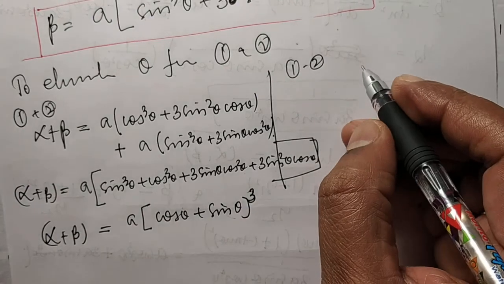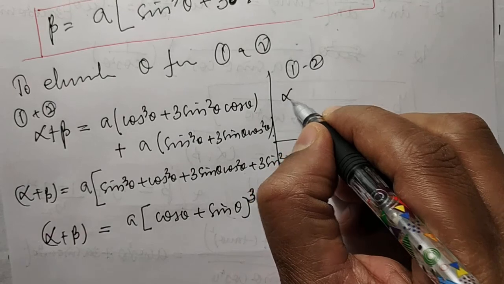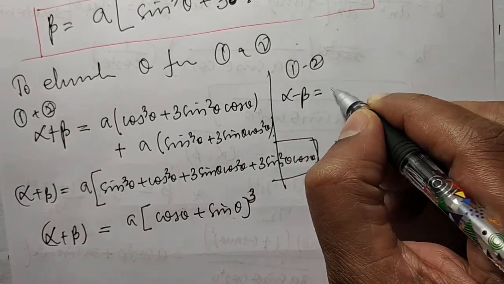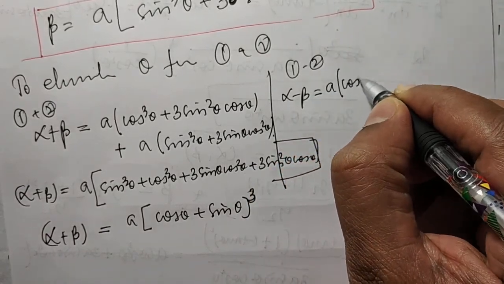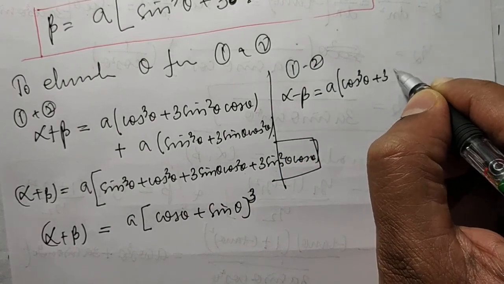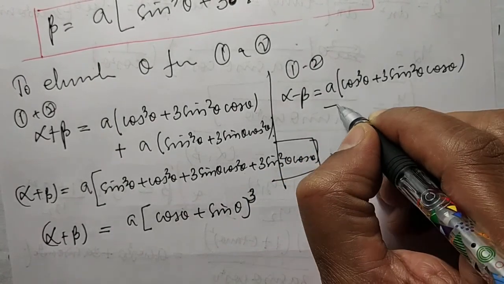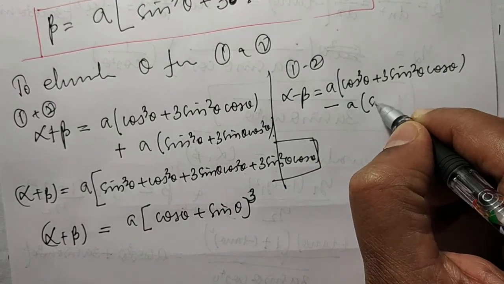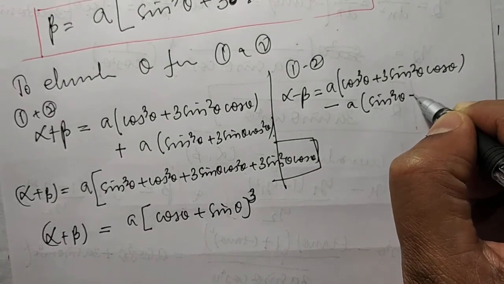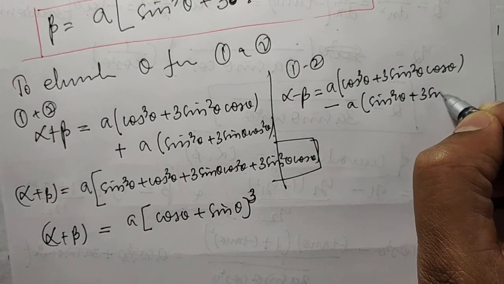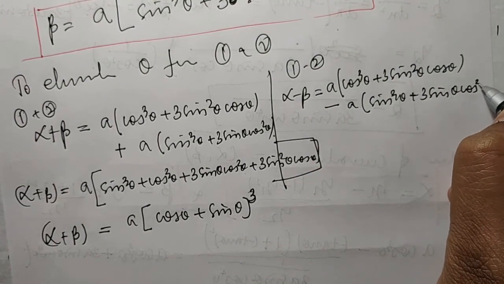Clear? Similarly here we will be taking alpha minus beta, that is a into cos cube theta plus 3 times sin square theta into cos theta, minus a into sin cube theta plus 3 into sin theta into cos square theta. Fine.